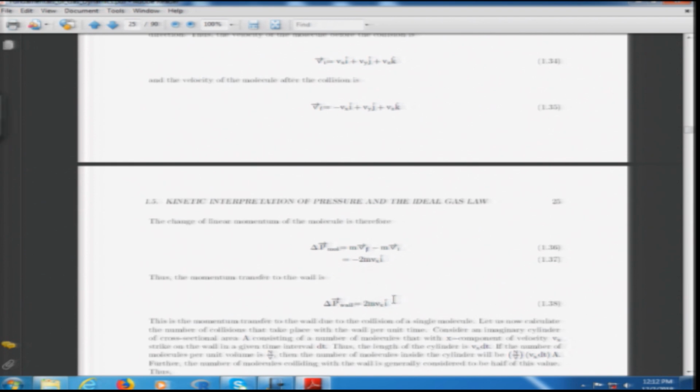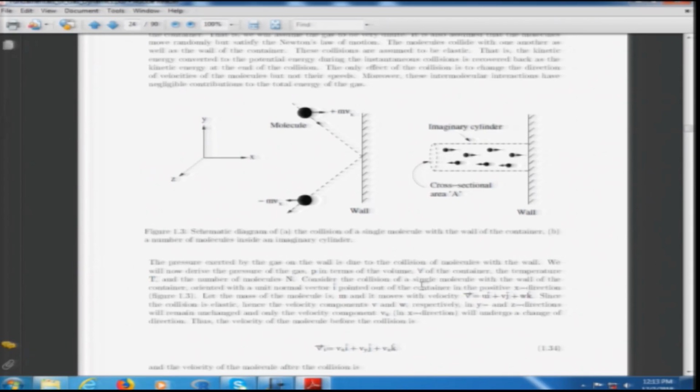Now, since we have derived it for a single molecule, but there will be many molecules, let's say a fraction of the molecules we are interested in. In the second figure, 1.3b, we observe the same wall, and an imaginary cylinder where you see many molecules in different directions.